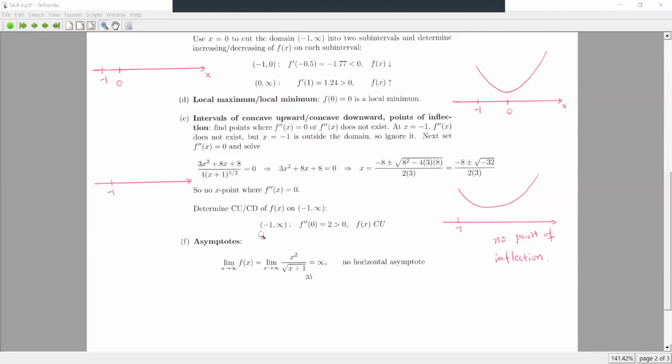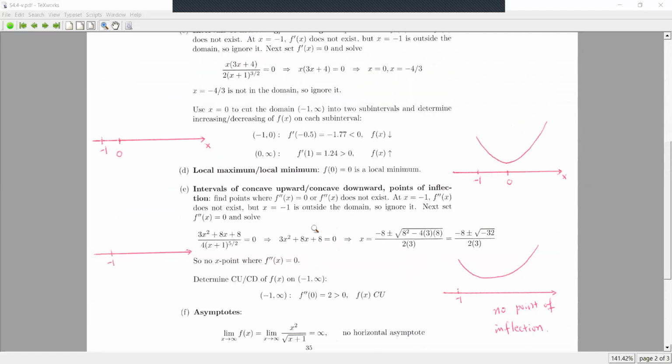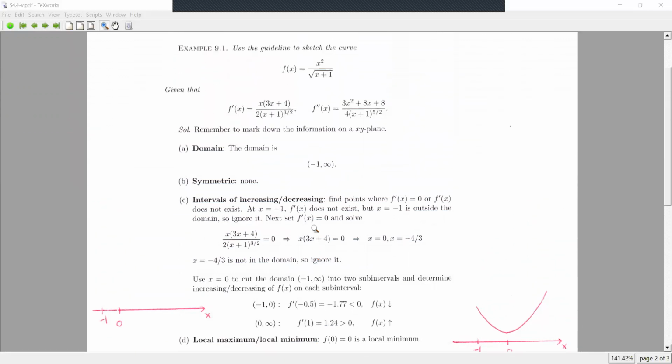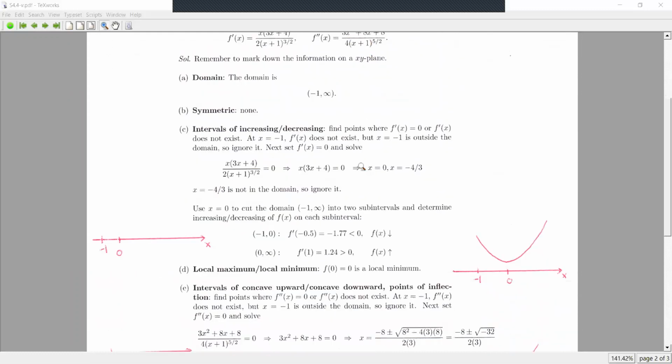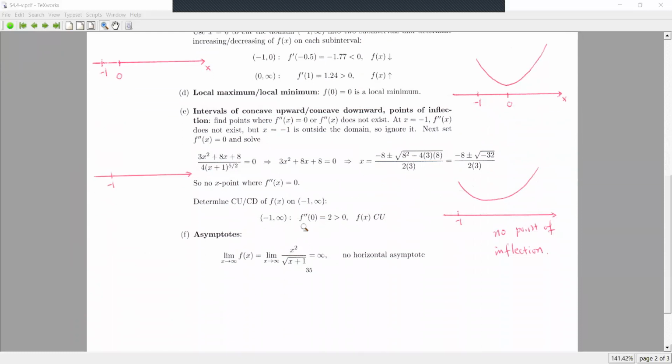Now let me determine the sign of the second derivative on this interval. Arbitrarily pick a point, say pick 0, and evaluate the second derivative at 0. I plug in 0 for x. I get 2, positive. On this interval, the second derivative is positive.